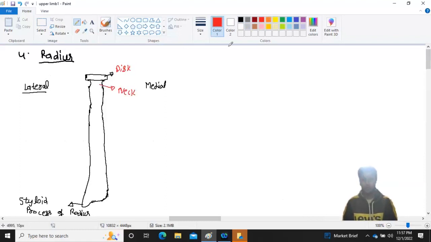There is one more thing present here, like this, laterally. A very faint thing. Done. This is a prominence coming out like a bulge. It is called the radial tuberosity. Radial tuberosity. Done. These are the things.